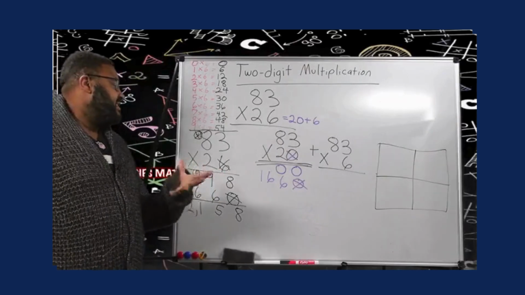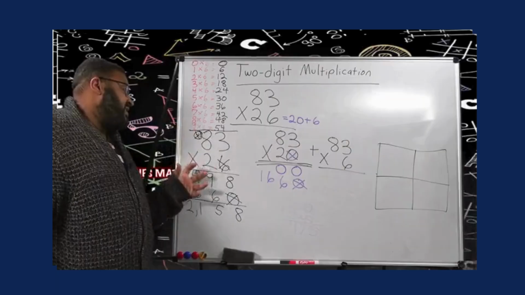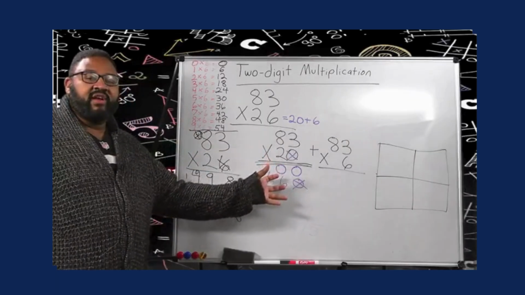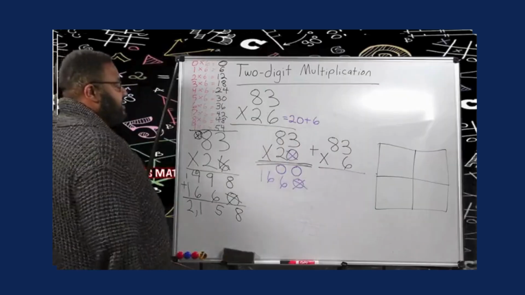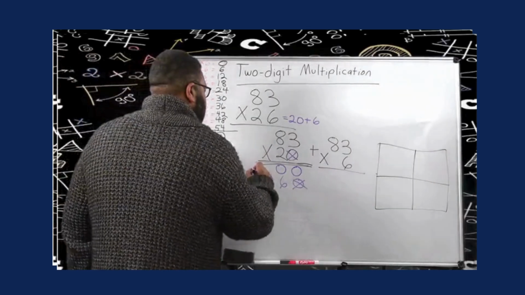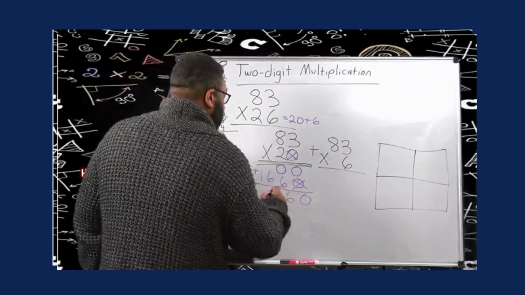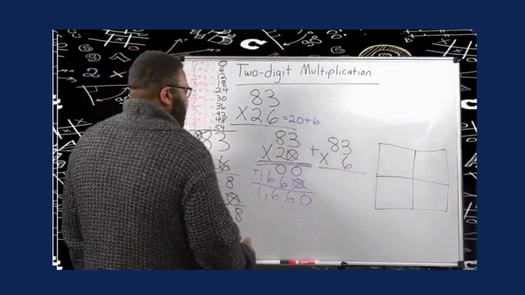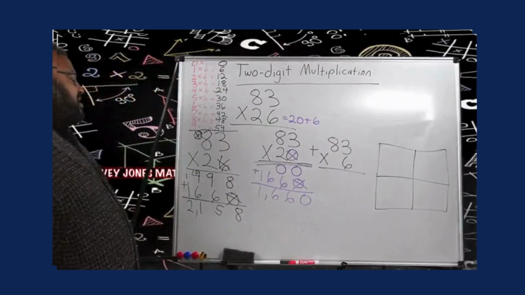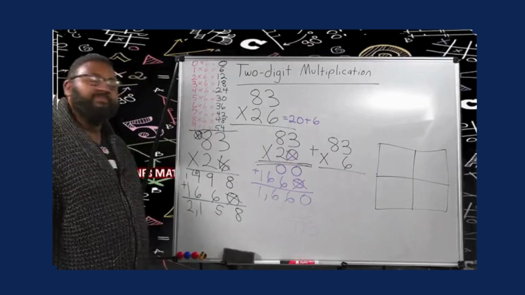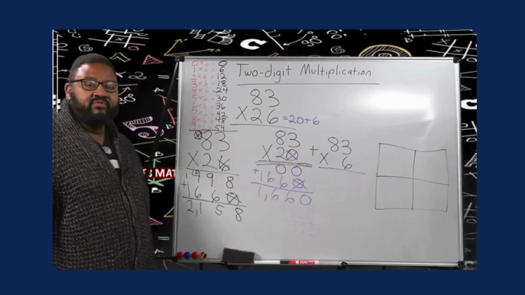Once again, this is the traditional way. This is the modified traditional way right here. This is what Daddy taught me. All right. And you add this, and you get 0, 6, 6, 1. And my answer here would be 1,660. I'm not done yet, though.